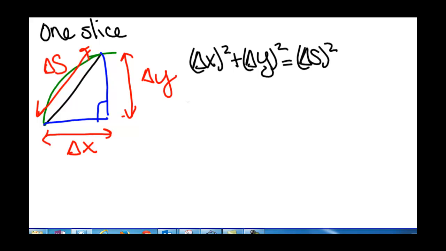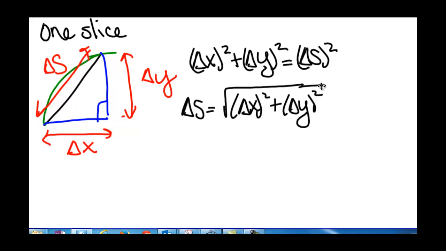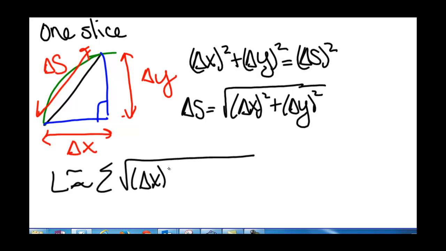So that means that the change in s is equal to the square root of the change in x squared plus the change in y squared, and we would want to add up all the approximate slice lengths to get an approximation for the total arc length of our curve, L. So our length is approximated by the sum of all of our square roots of change in x squared plus change in y squared.